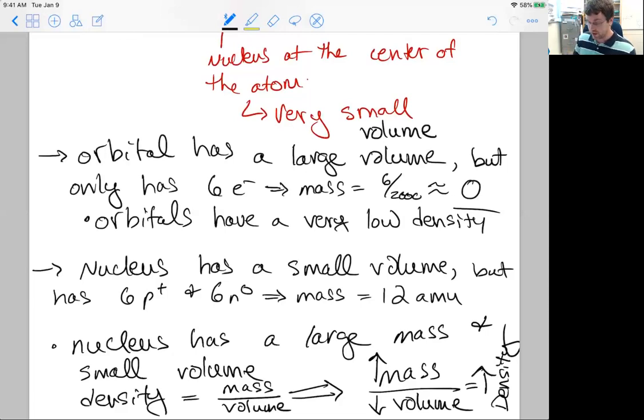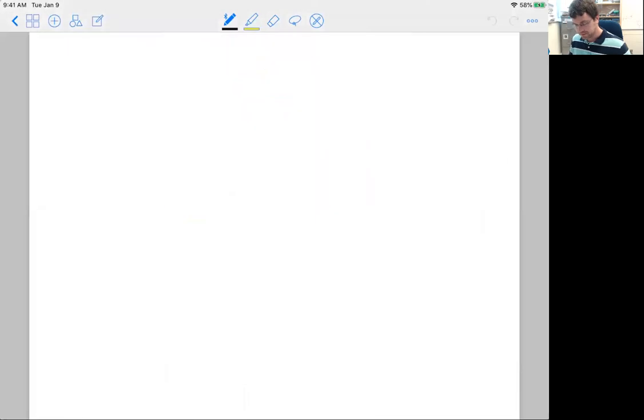Because conversely, orbitals have a very low mass and a very large volume relative to the nucleus. So that's the picture I want us to carry. I want us to carry that the majority, that is nearly all, let's write it, let's even write the words nearly all.